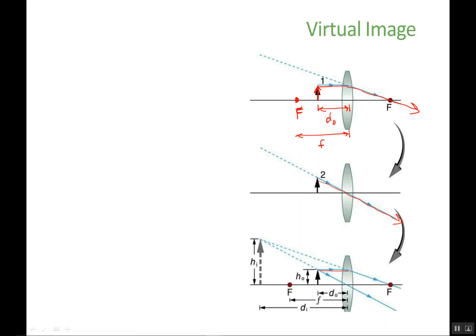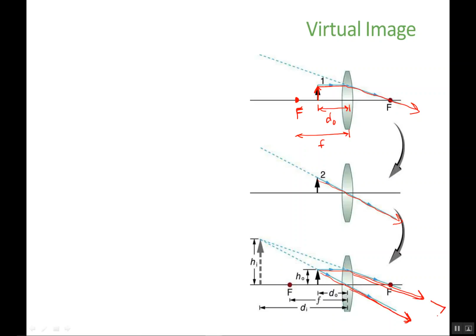Down here, we see both of those rays in the same figure. But it turns out that those rays, when they emerge from the right-hand side of the lens, are actually diverging from one another. This is a converging lens, but those rays will never converge.